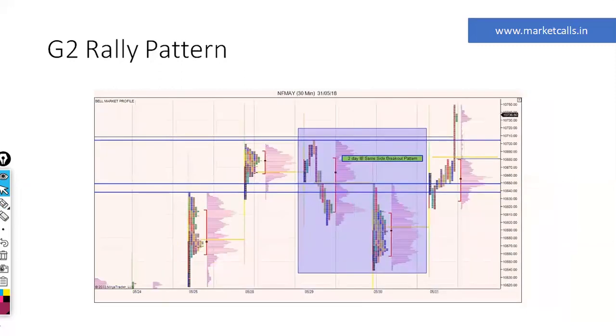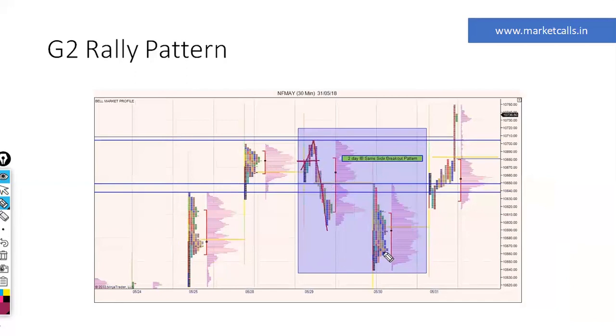A G2 pattern is also something like this, but instead of 3 days, it will be happening only for 2 trading days. Very rarely a G2 pattern can convert into a G3 pattern. So a G2 pattern will be happening like this. The rules are the same. It has to break the first half an hour high, and then the price can end no matter what. It can be ending up or ending down.